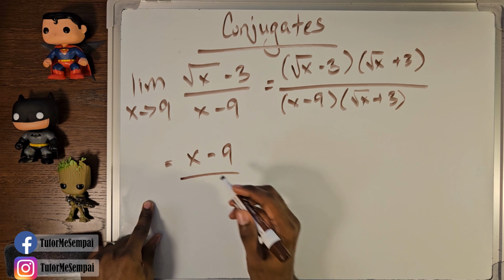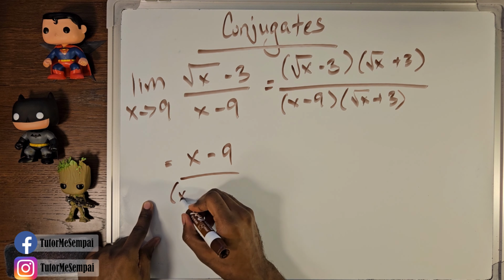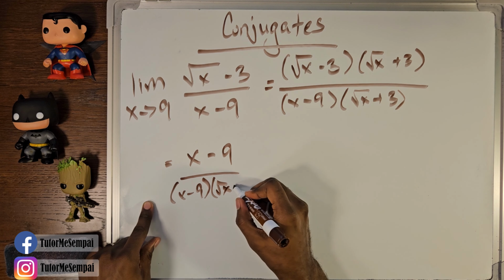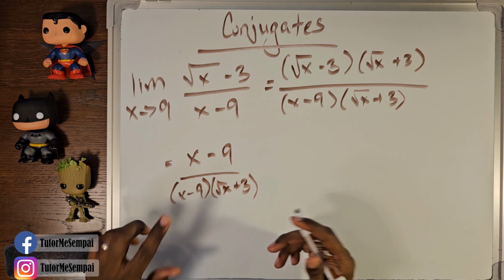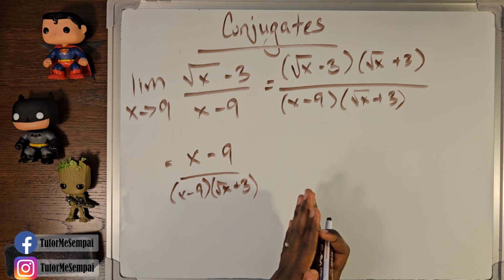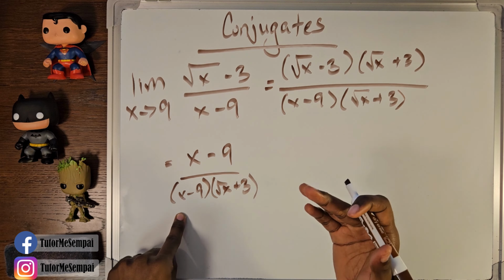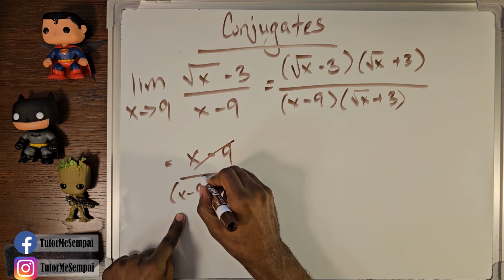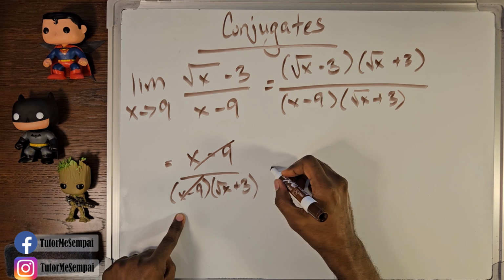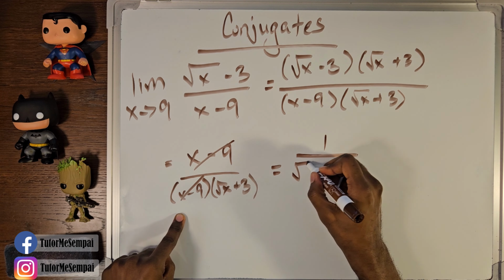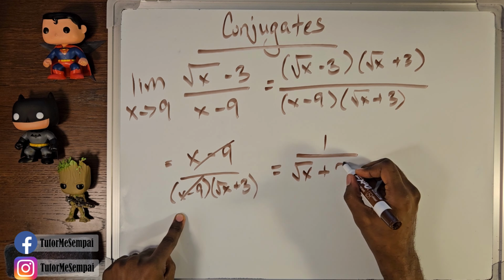Now we have x minus 9 over x minus 9 times the square root of x plus 3. Now you see why I didn't want to do anything to the denominator first, because we are going to cross out what's in common in the top and the bottom. Your x minus 9 goes away, and you're left with 1 over the square root of x plus 3.